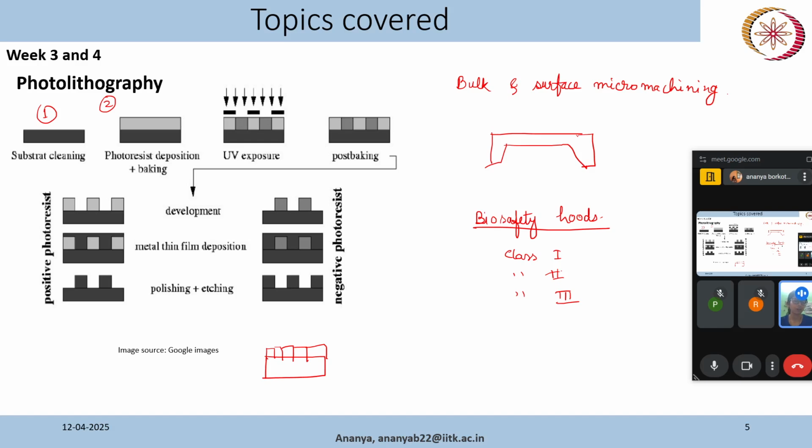In case of class 2, I don't remember the exact percentage, some portion of the air after filtration will be reused. You should check the different types, the advantages of these different classes of biosafety hoods, and what the differences are. If you don't remember it right now, maybe you can go through the lecture videos and the lab classes a few more times. So these are the things we learned in weeks 3 and 4.